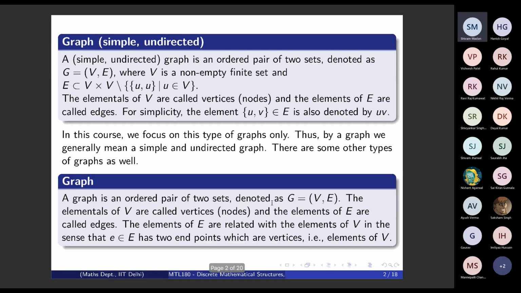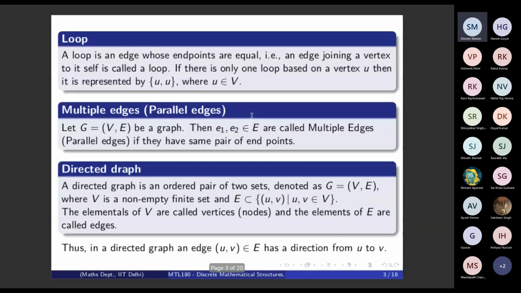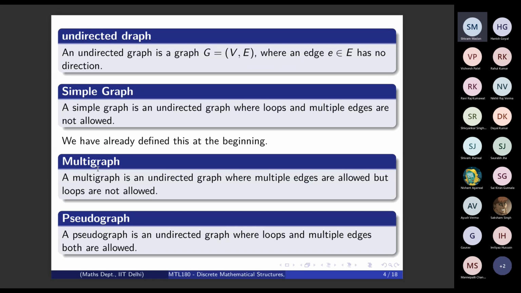For the simple graph, we write in set notation, where UV and VU are both the same. But for the directed graph, UV and VU are not the same, because they have opposite directions. But in our course, it is just for definition purposes. In this course, we will not use the directed graph. We will use multigraphs, that is, multiple edges, but we will not use the directed graph. So this is called a directed graph.